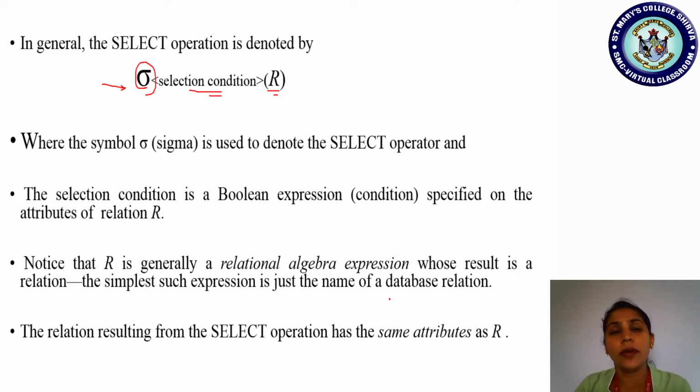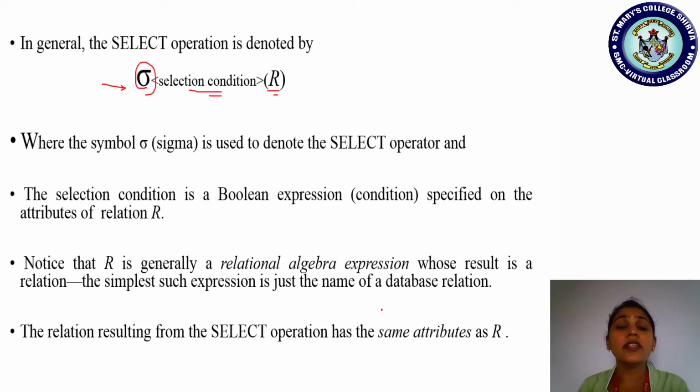So if the employee relation has displayed only those employee details who are drawing more than 30,000 salary, then the tuples which got displayed are actually bound to which relation? The employee relation itself. So the relation resulting from the select operation has the same attributes as R.